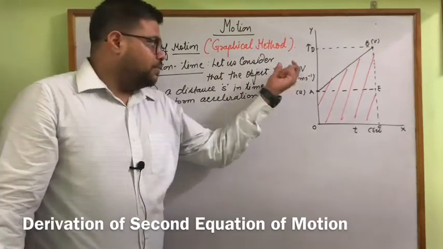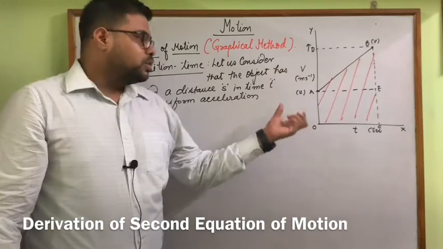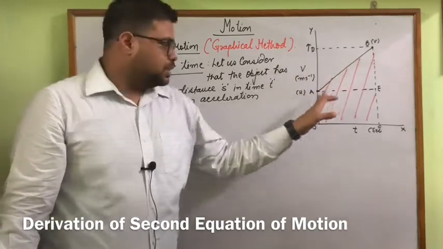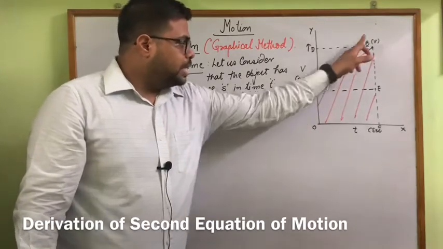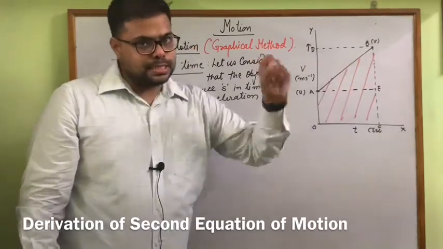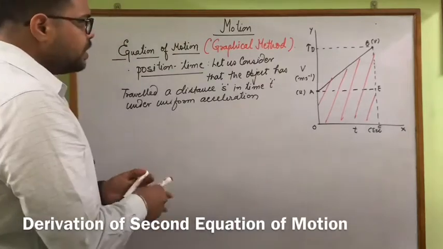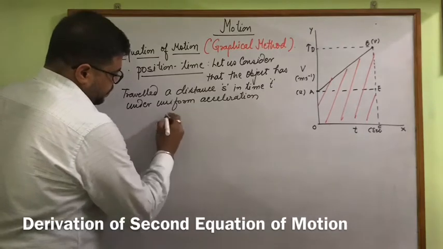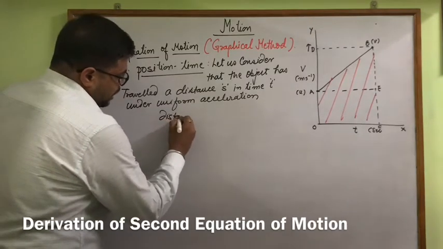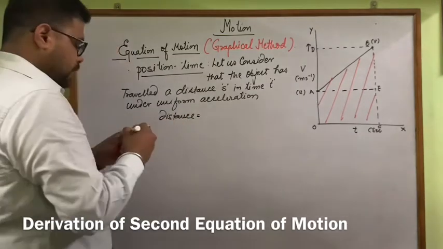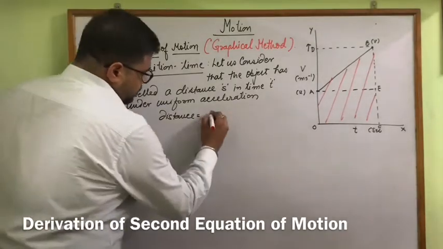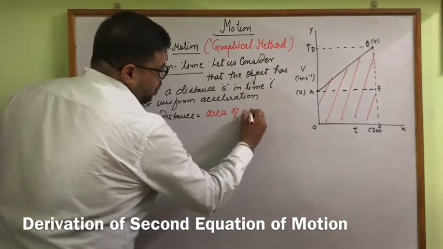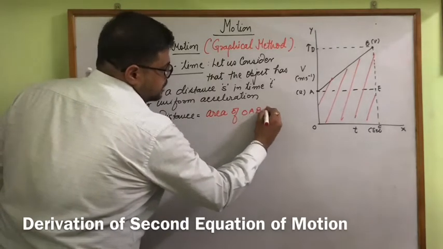That concept: the area under the velocity time graph of a particular curve, here the curve OABC, gives us distance. So here we can write distance can be calculated by the area of OABC.